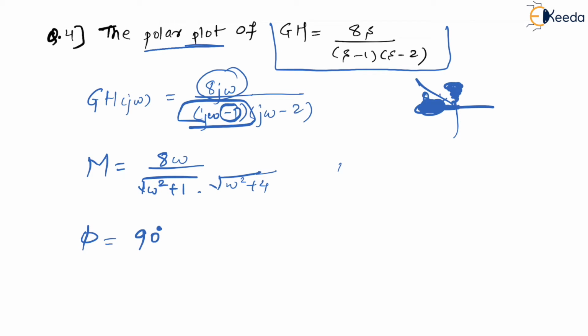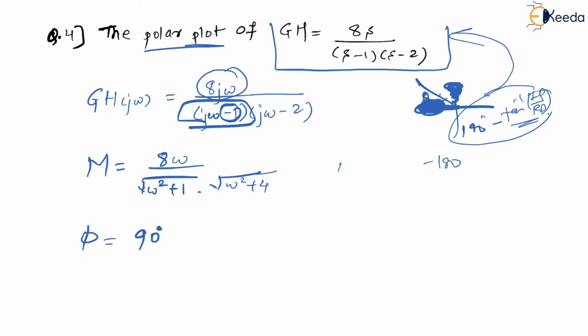Whatever angle you get, theta is going to be 180 degrees minus that angle, which is nothing but tan inverse of imaginary part upon real part. But since it is in the denominator, I have to change the signs, so this becomes minus 180 degrees plus tan inverse of imaginary part upon real part.